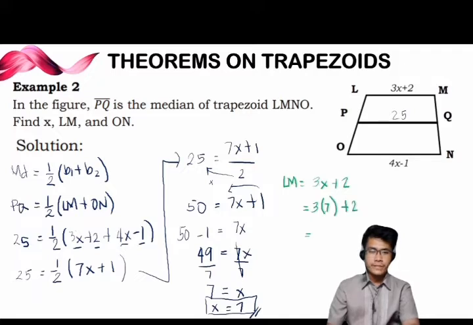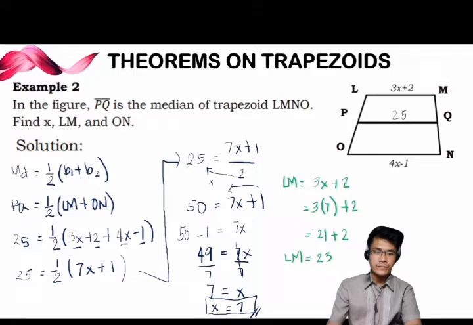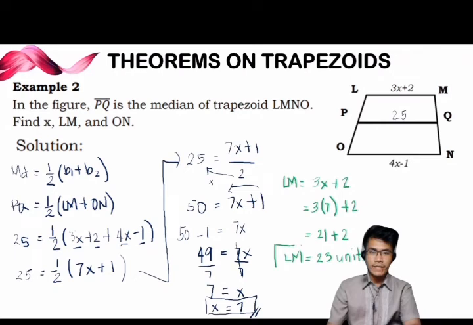Multiply 3 times 7, that's 21, plus 2. So 21 plus 2 is 23. Since it is the length of the side LM, do not forget the unit of measurement. Since the unit of measurement is not given, we will use the word units. Therefore, the final answer: the measure of the side LM is 23 units. Alright.